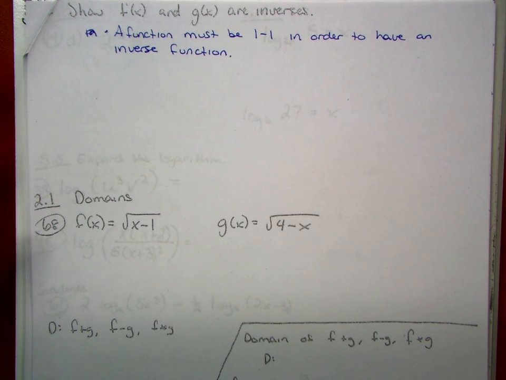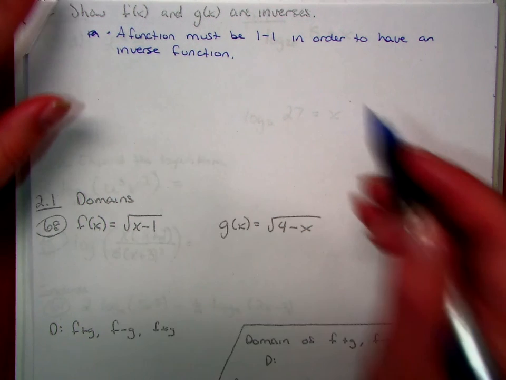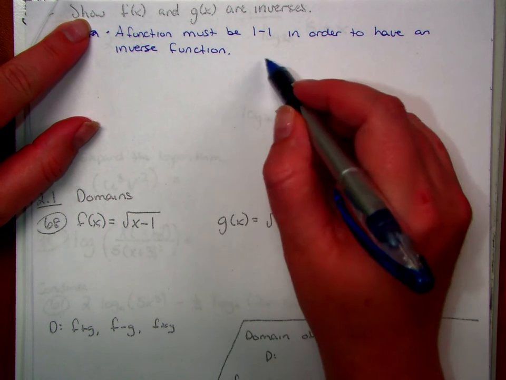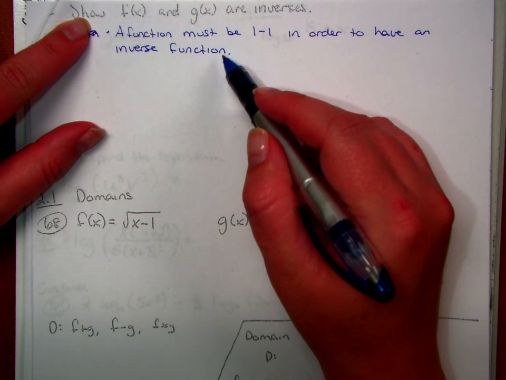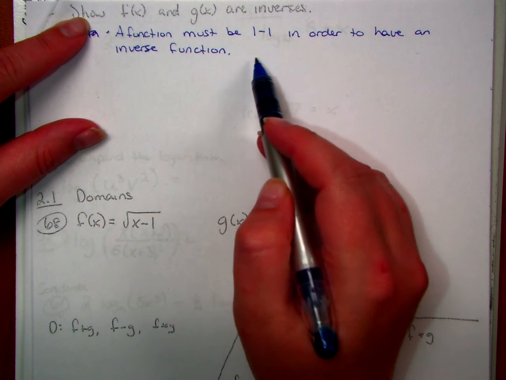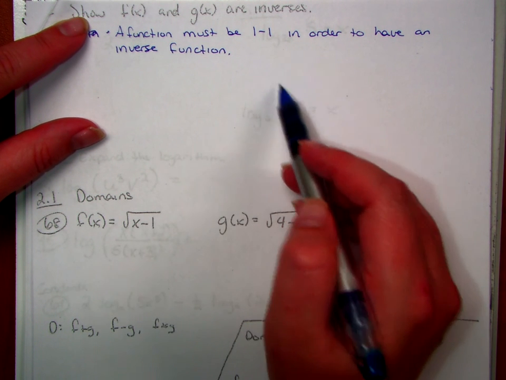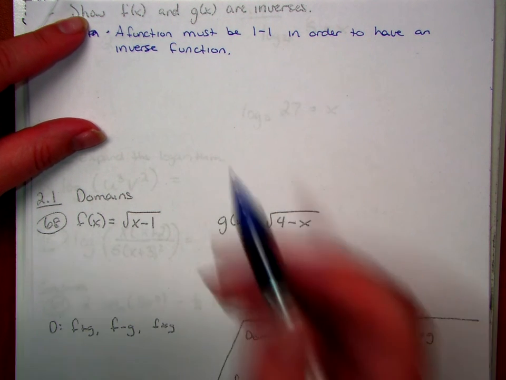All right, so remember what it is to be one-to-one, right? It passes the horizontal line test, okay? So it has to pass both the vertical line test and the horizontal line test so that our function has an inverse, right? If it doesn't pass the horizontal line test, the inverse is not a function, right? If you actually graph it out, okay?